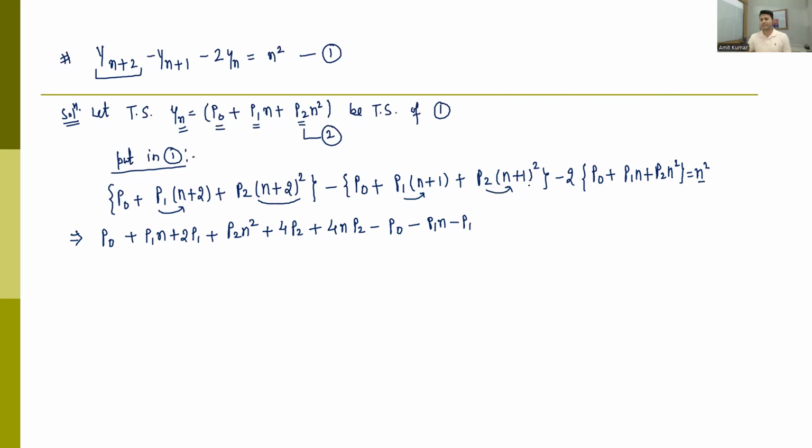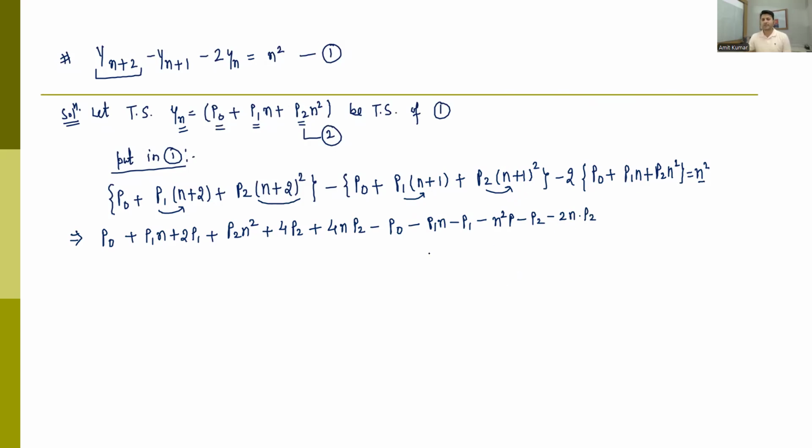So open n plus 1 whole square and take P2 inside. a square means n square, so minus n square times P2, plus b square, so minus P2, plus 2ab, so minus 2n times P2. So this is the second term we are having.